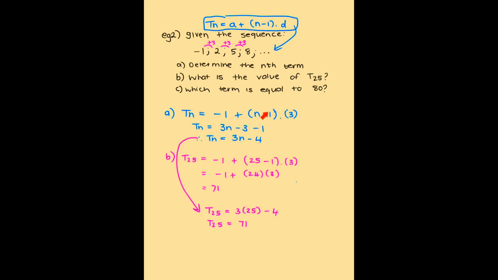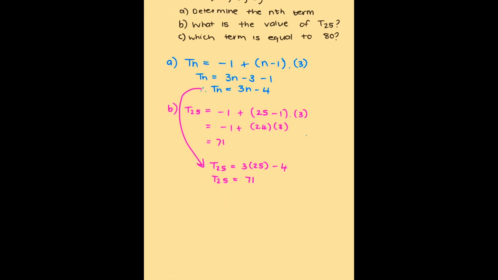These are exactly the same. This first line here is exactly the same as the third line. So whether we use the third line, like I did here, or whether I use the first line, we see that we arrive at the same answer. So I just like giving you options, guys. I know having options is good. Makes us feel comfortable. So C, which term is equal to 80?